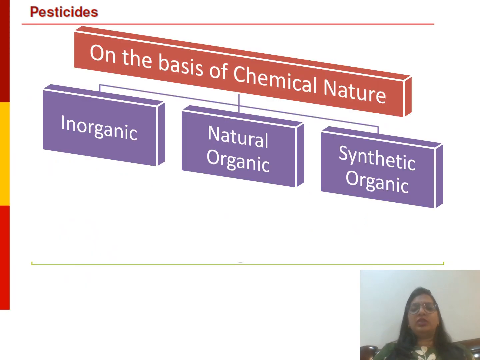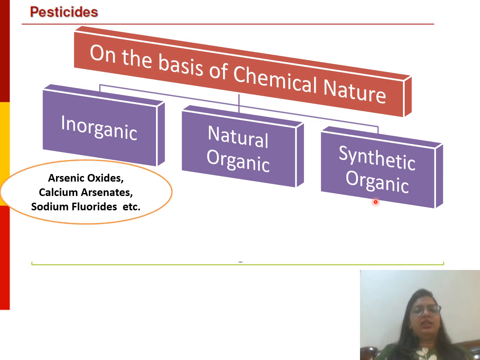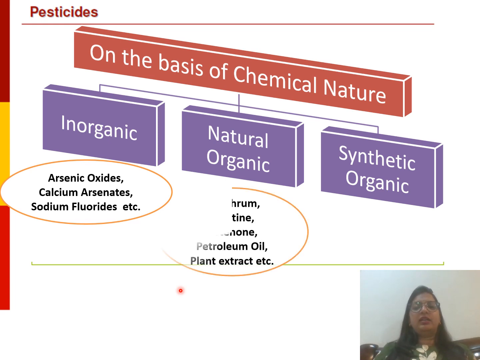Let's move to the next category, which is on the basis of chemical nature. On the basis of chemical nature, pesticides are divided into inorganic, natural organic, or synthetic organic pesticides. In the category of inorganic pesticides, we have arsenic oxide, calcium arsenate, sodium fluoride. In the category of natural organic pesticides, we have pyrethrum, nicotine, rotenone, petroleum oil, or some plant extracts.